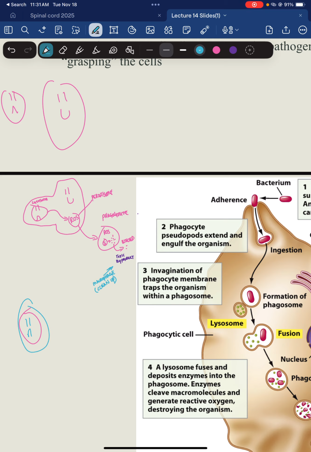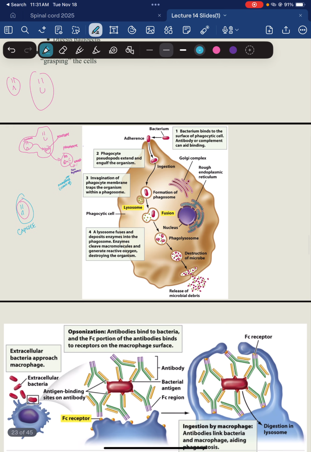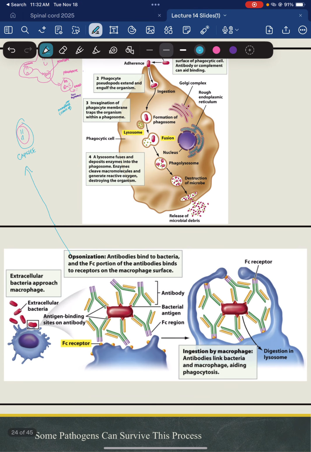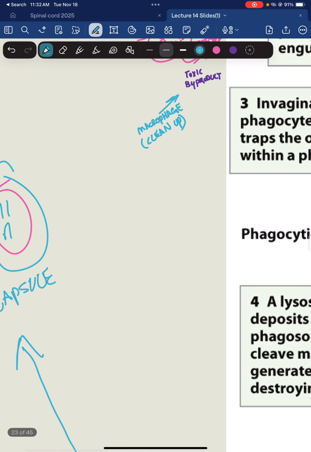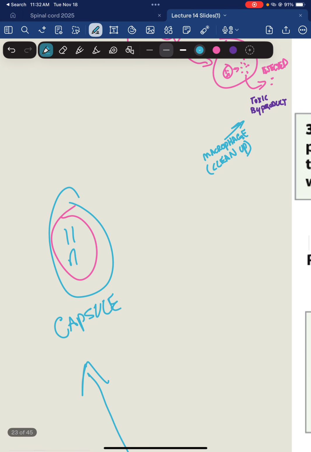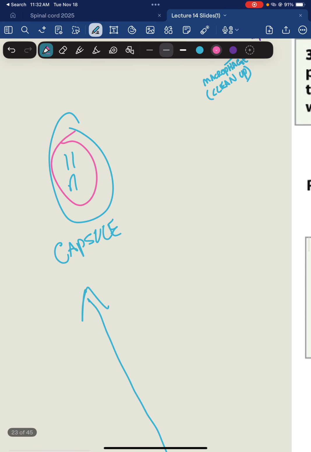How can we bypass that capsule? That is what this process of opsonization is. All right, so instead of just trying to grab this slippery capsule, why don't we just coat it in a bunch of antibodies and make it rough, right? So it's like having a slip surface and then covering it with sand instead so that you don't trip. So what we can do is, hey, we have antibodies.